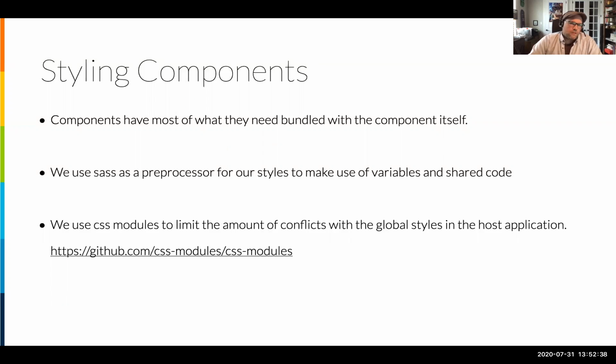So if you apply a class of, let's say, panel, in the final rendered output it'll become panel component ABC123 whatever. And so if there are other components in the host application, it's very unlikely that you're going to have bleed with your CSS styles. That's it for that one. We can go to the next slide.